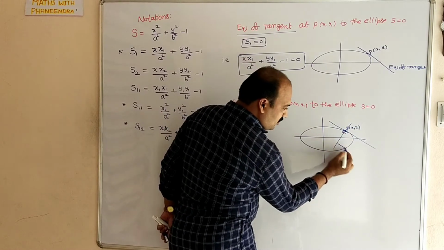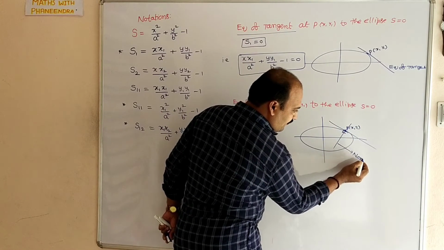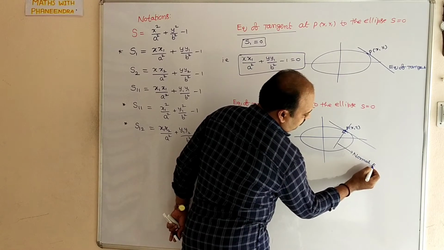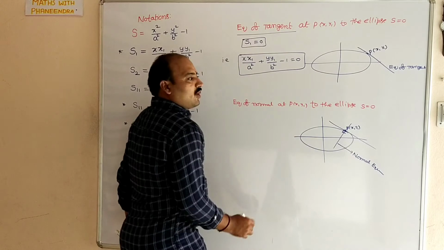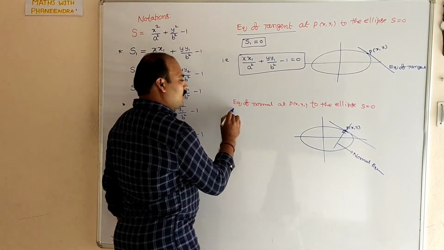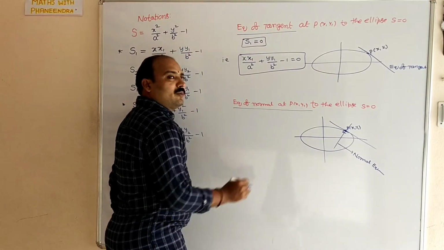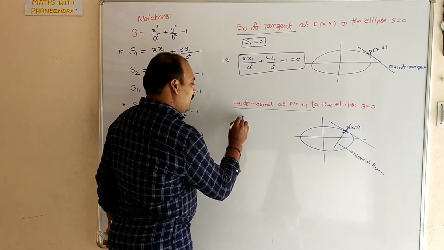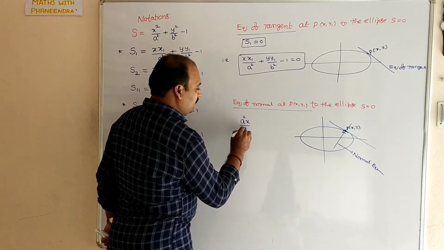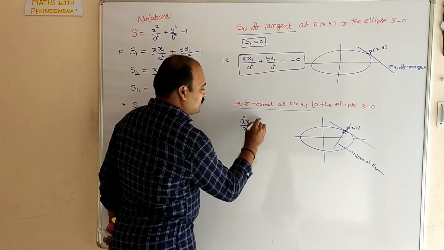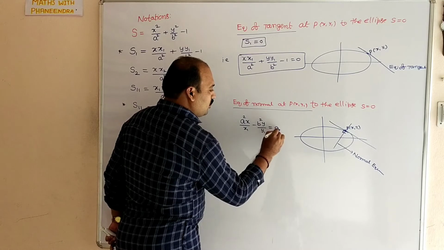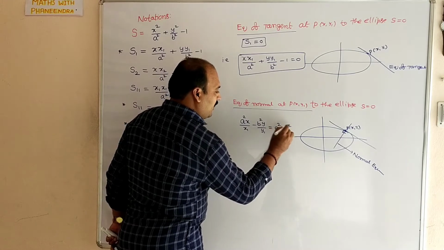So this is the normal at P of x1 comma y1. The equation of normal at P of x1 comma y1 to the ellipse S equal to 0 is a square x by x1 minus b square y by y1 equal to a square minus b square.